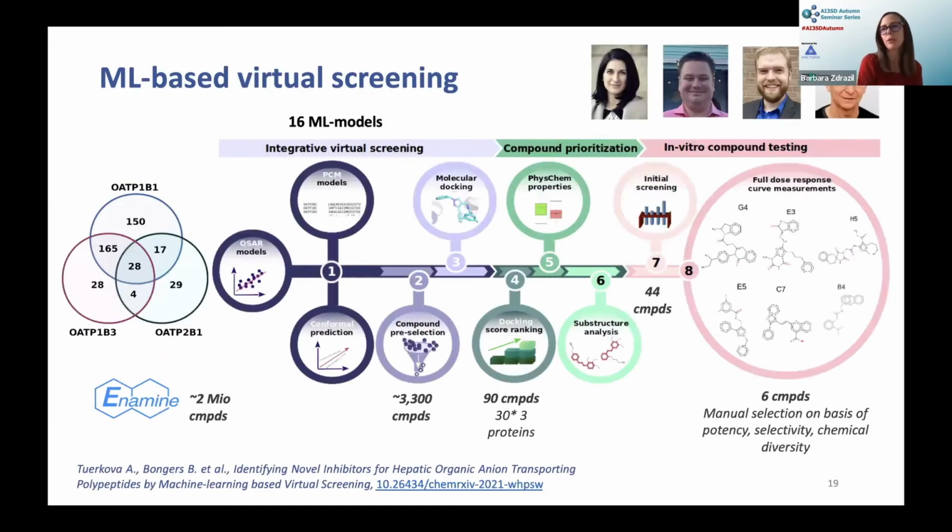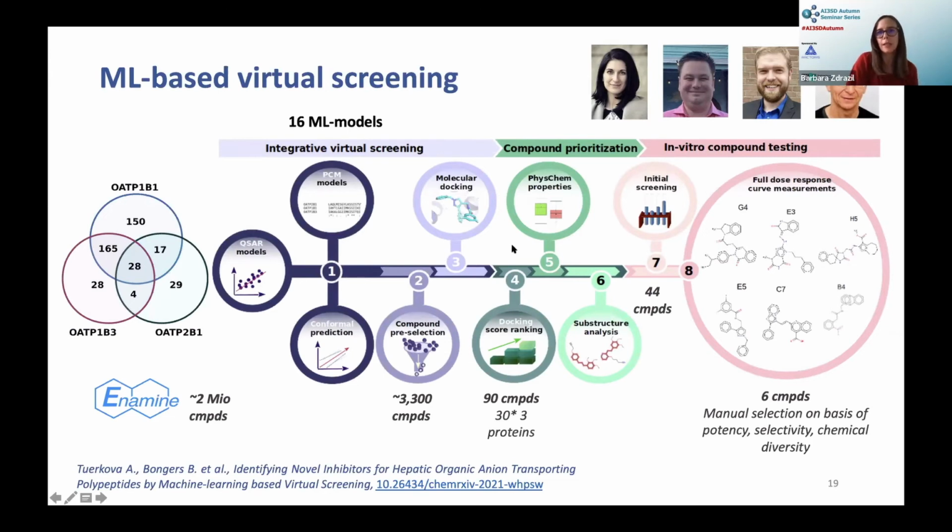But because in the beginning, I said we are often combining machine learning methods with structure-based approaches, I wanted to show you a very recent example. That's a paper we have just submitted, and you can find it on ChemRxiv if you are interested. This was a nice collaboration with Ulf Norinder and Gerard van Westen's group.